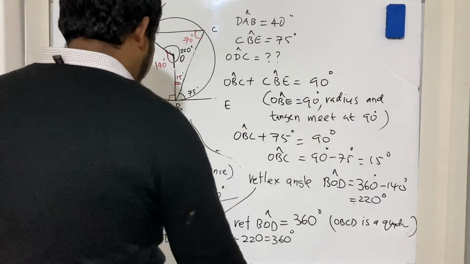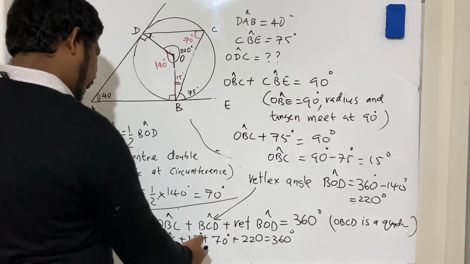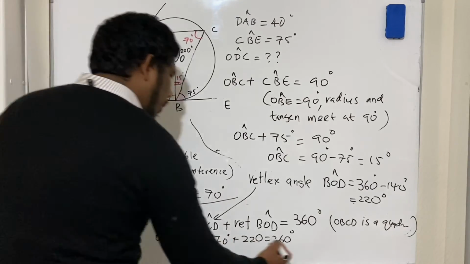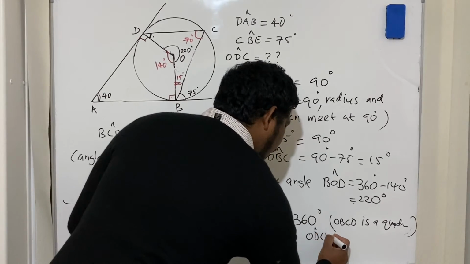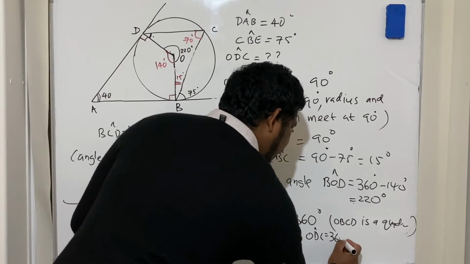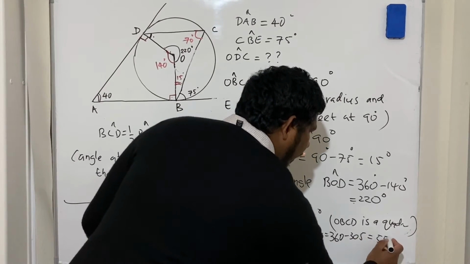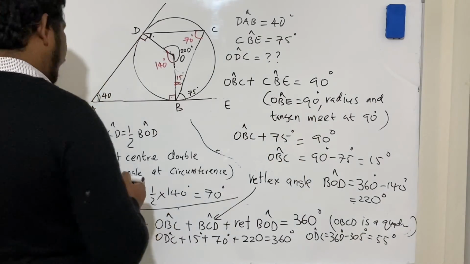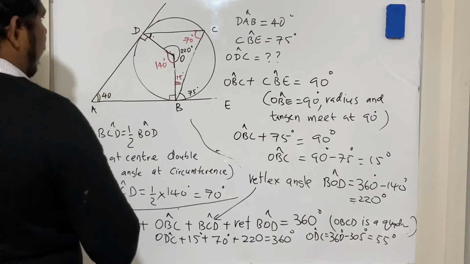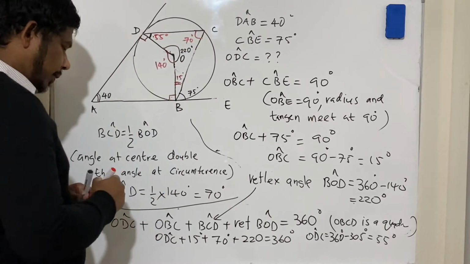So ODC is, we can add together, it's going to be 305. So ODC is 360 minus 305, that's going to be 55 degrees. So this is 55 degrees. That's the answer.